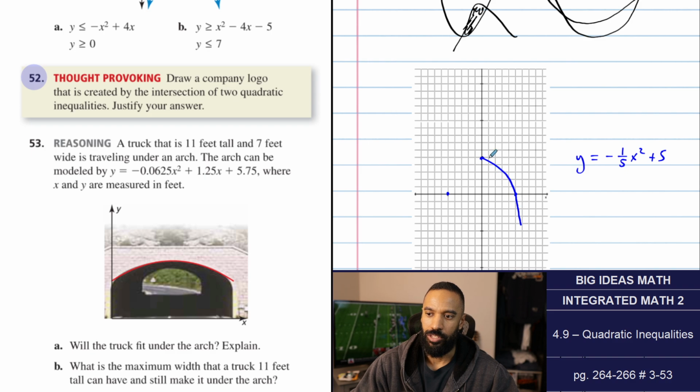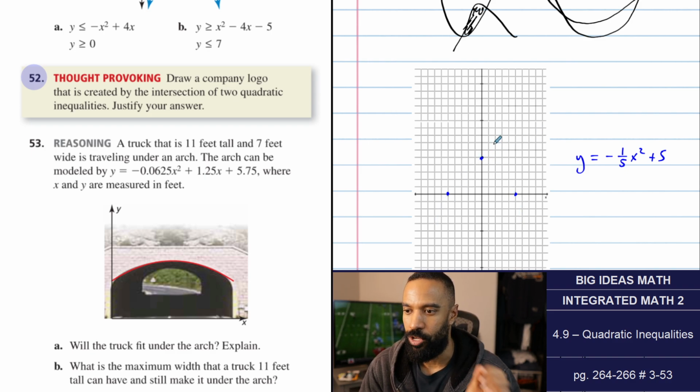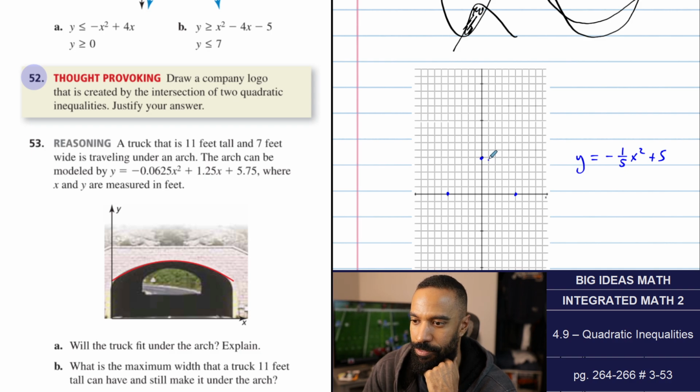I probably should be doing better with it now that I have the equation. Over 1 down 1/5, over 2 down 4/5, over 3 down 9/5. I don't know what 9/5 is. Over 4 down 16/5. That's 3 and 1/5 or something like that. There we go. So that's a little better.